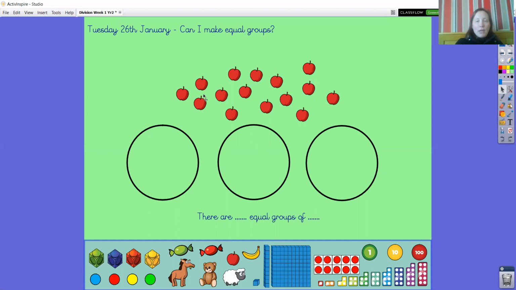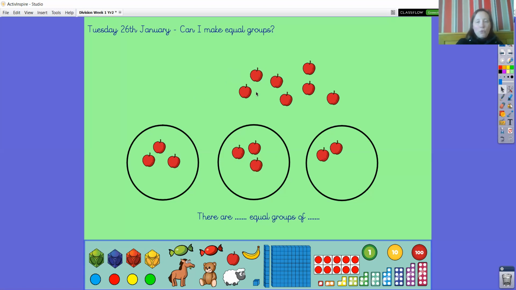So we're going to make an equal group here. So let's just send that to the back so we can see our apples. So when we're making our equal groups, we've got to remember to put them out fairly. So I'm going to put 1 in this one, in this one, and then 1 in that one. Here we go. So just making my equal groups here with my apples.